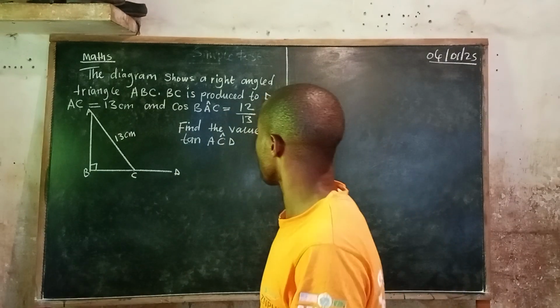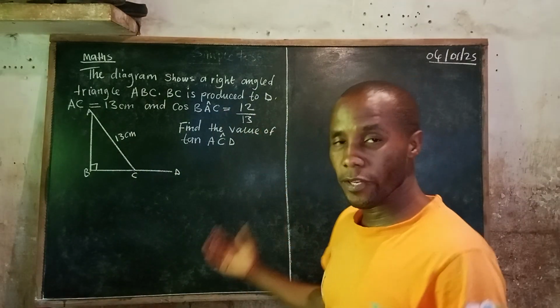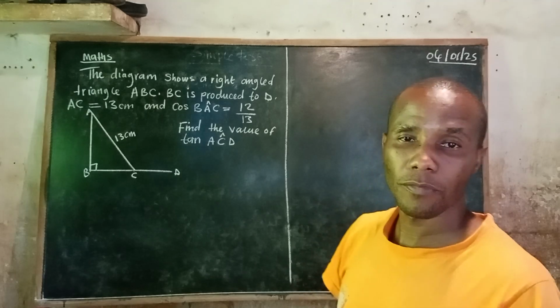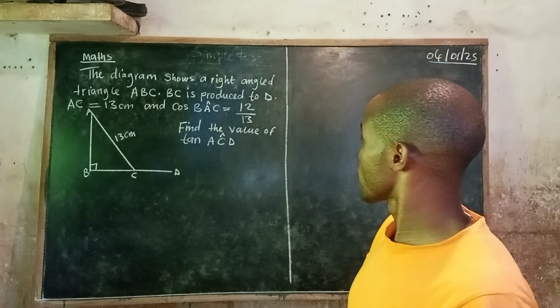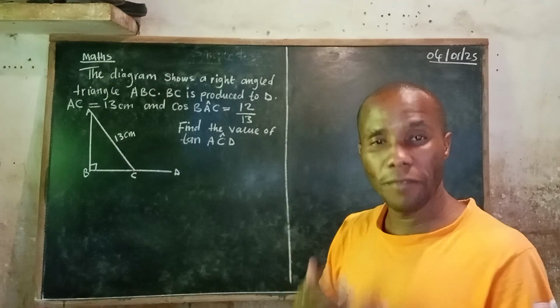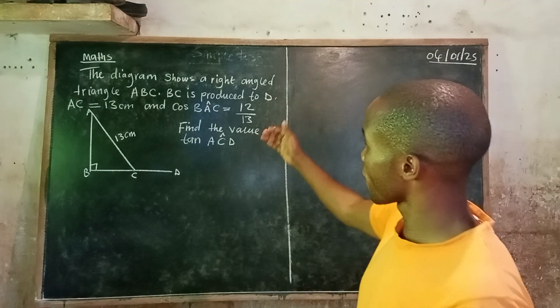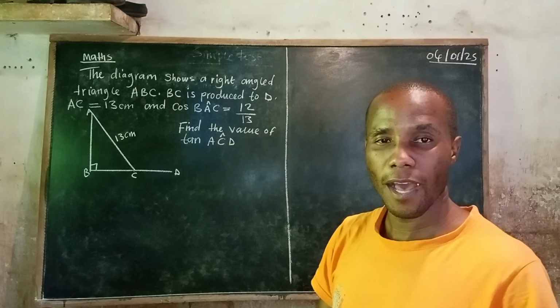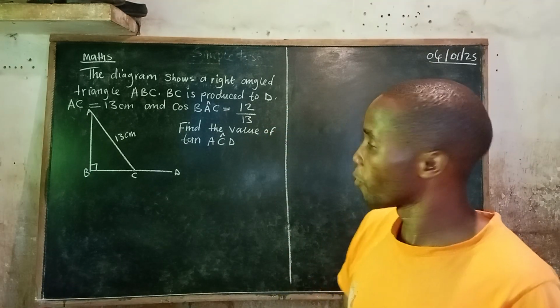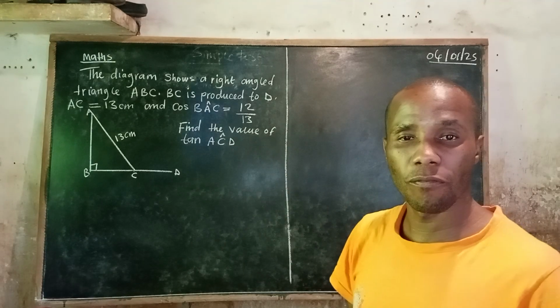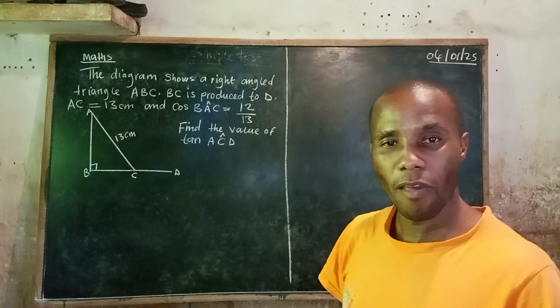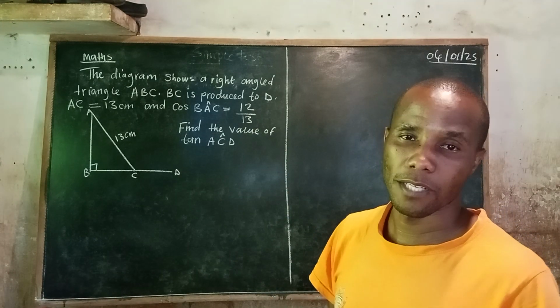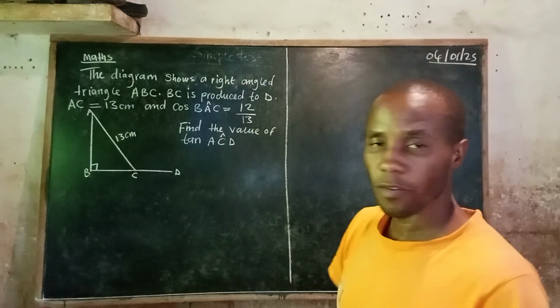Remember, in mathematics, when you are given a question like this one, what is it that you are supposed to do first? You need to identify the question. I should not stop reminding you of this. Why? This is very important. Identify the question.